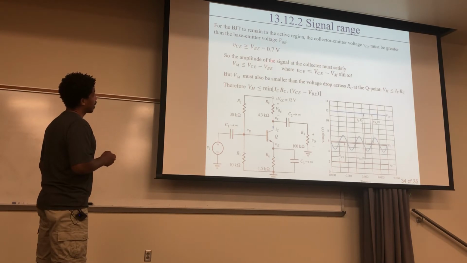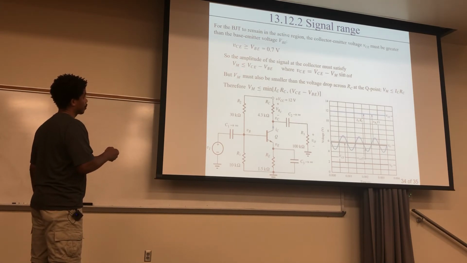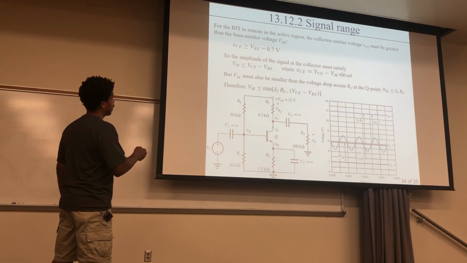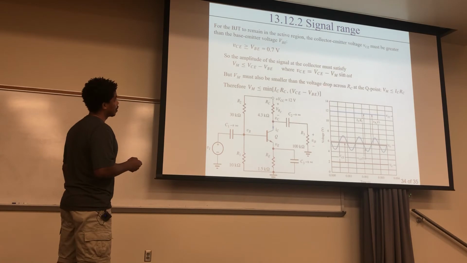So the amplitude of the signal at the collector must satisfy this constraint. Here's the magnitude of your sinusoid. That has to be less than your DC minus your VBE, which is about 0.7. Now this magnitude must also be smaller than the voltage drop across RC at the Q point.